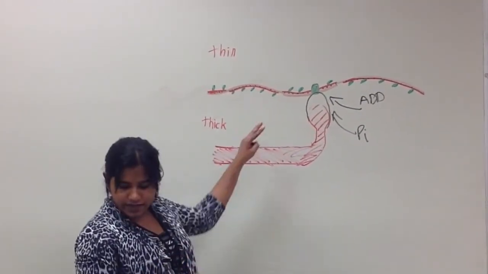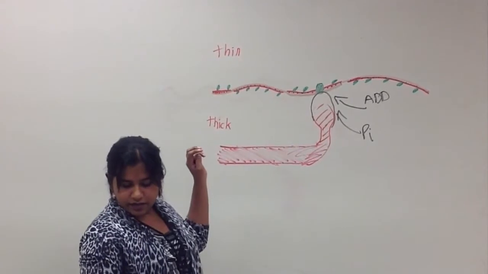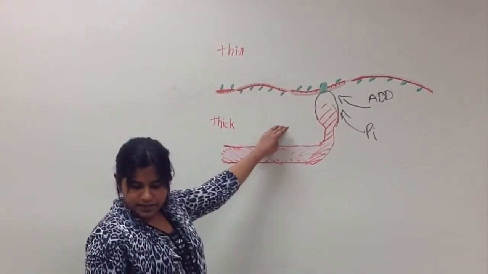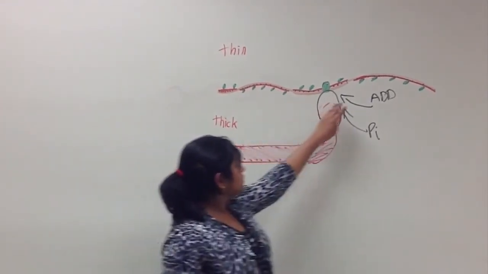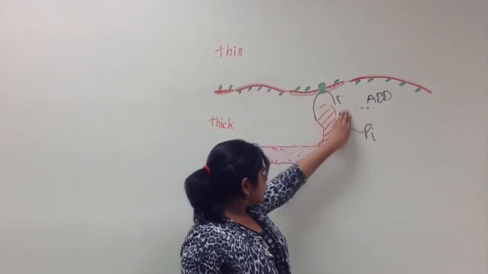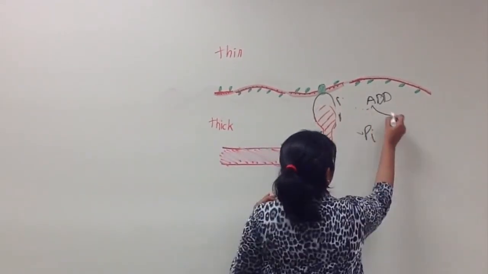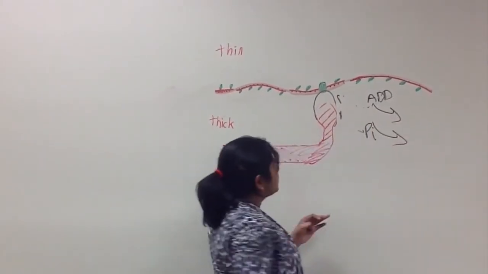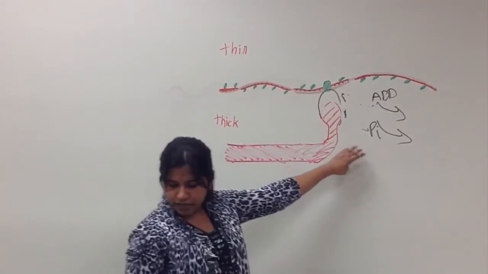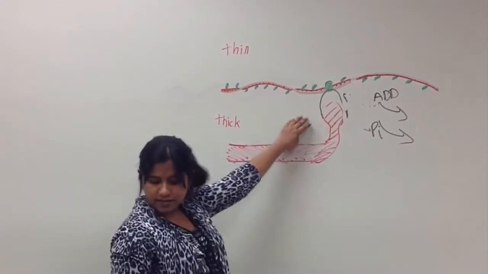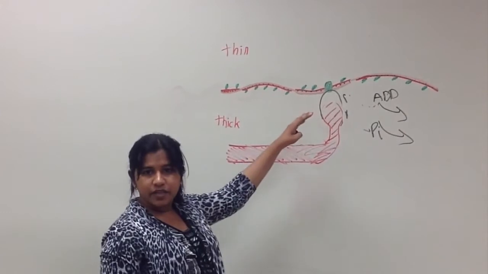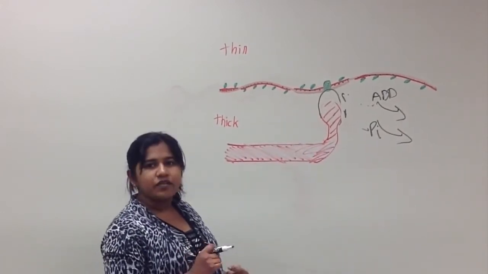Now that the head is attached to the binding site and the ADP and phosphate molecules are gone, the myosin head relaxes and pulls on the thin filament with a power stroke.